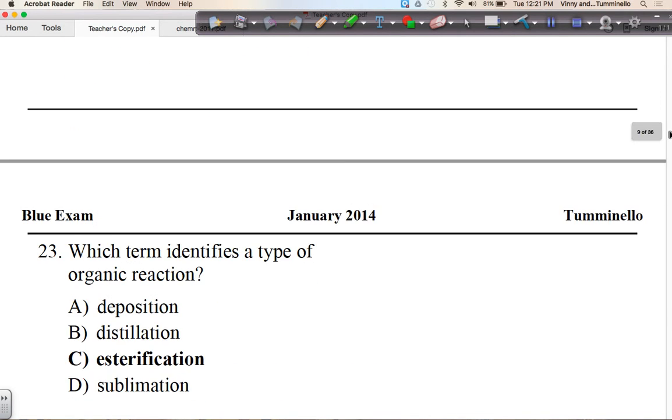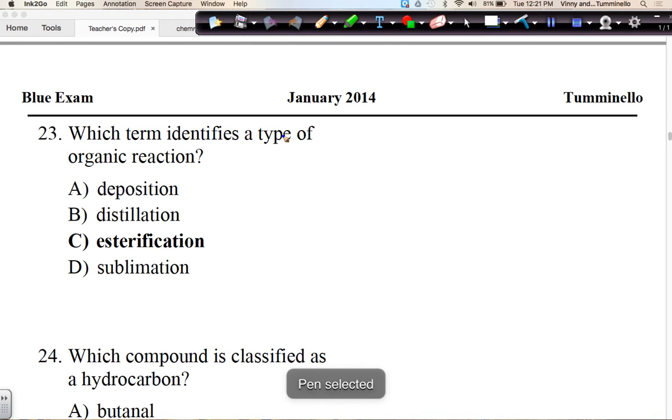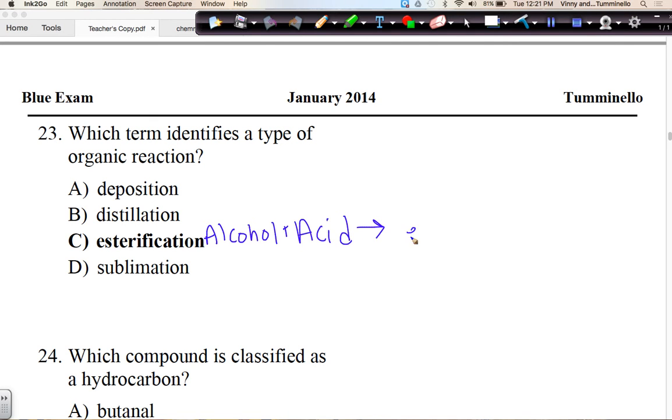one of the choices. Number 23, which term identifies a type of organic reaction? That would be esterification. Remember, that's alcohol plus acid makes ester plus water. Deposition is just gas going back to solid.